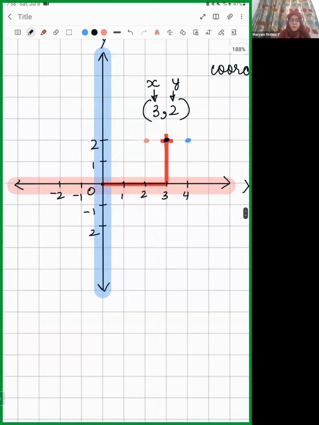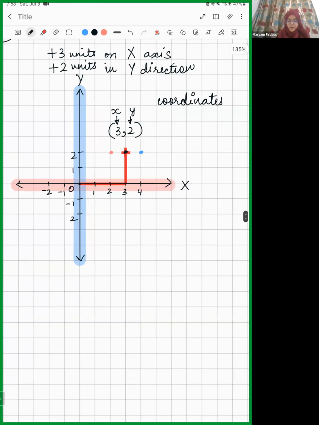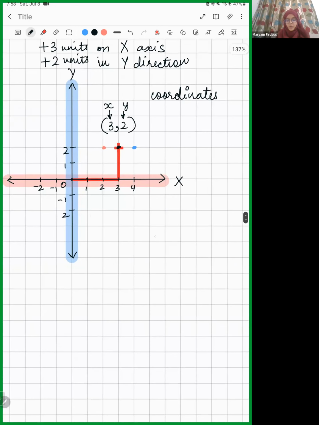They're dividing my entire plane into 4 parts. These 4 parts are called quadrants. Don't get confused between coordinates and quadrants, okay? Coordinates are the numbers that tell you the position of an object. These are the coordinates. They tell you the position of the object.